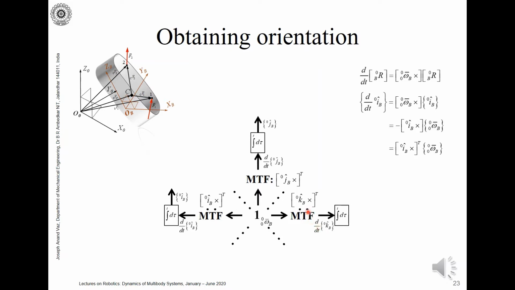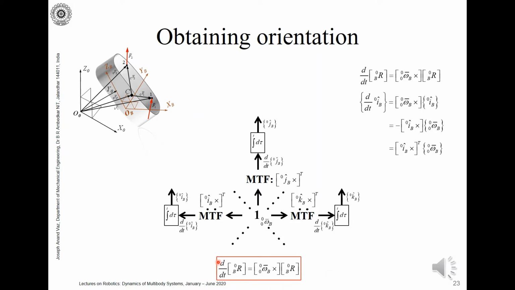So k cross transpose operating on omega will give you the derivative of the k unit vector. Integrate it with respect to time and you obtain the third column of the R matrix.